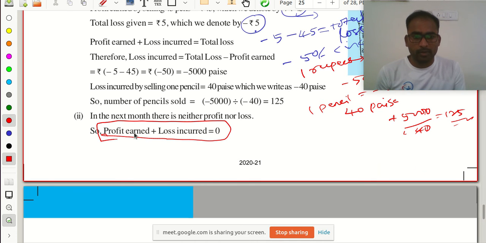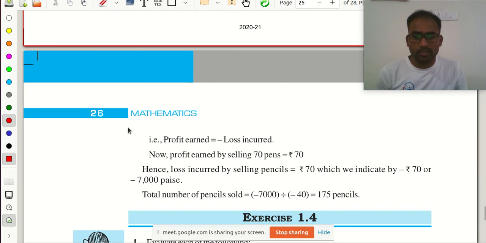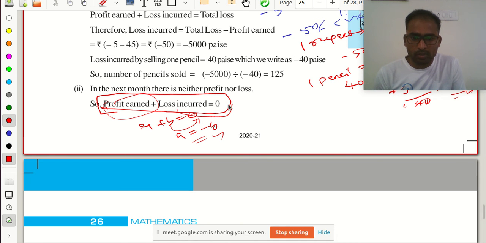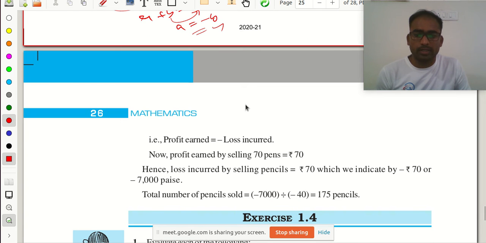Here we can write profit is equal to minus loss. Like A plus B is equal to 0, then A can be written as minus B. So profit is equal to minus the loss incurred.